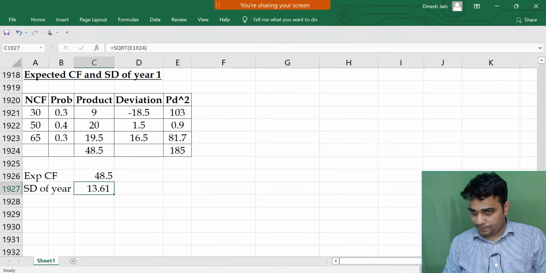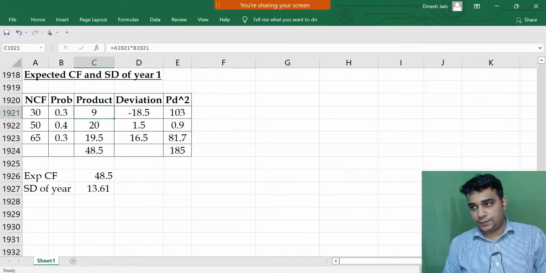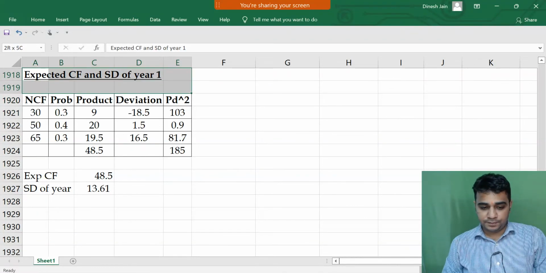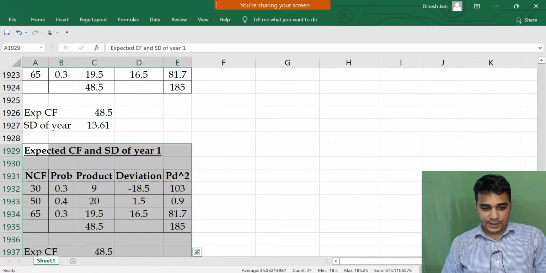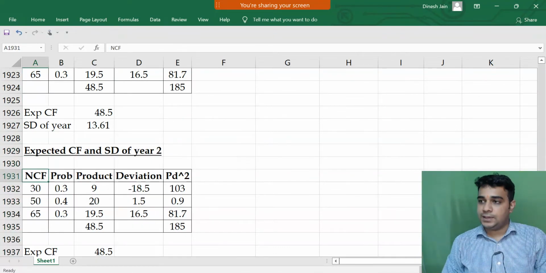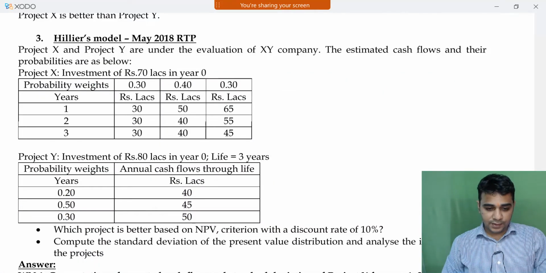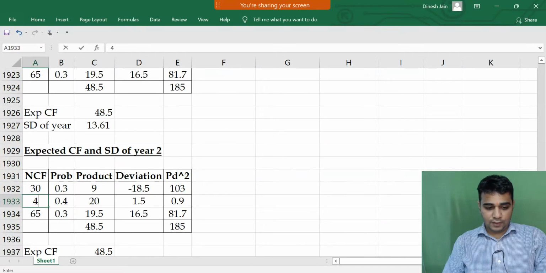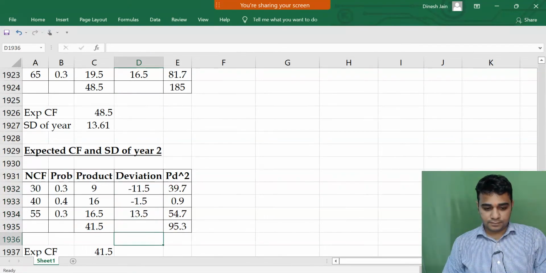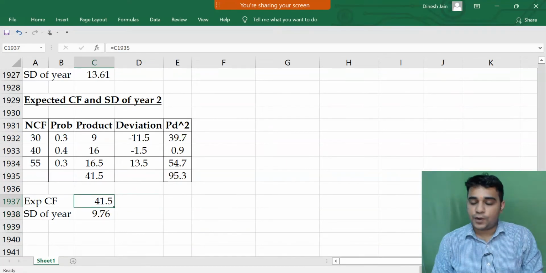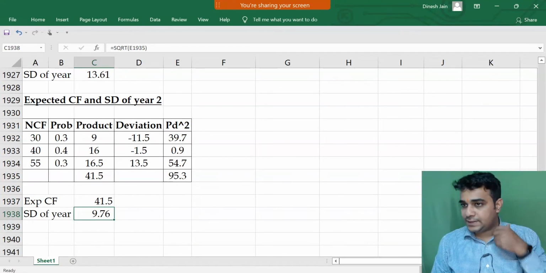This is year 1. You will have to repeat this for year 2. Expected cash flow and SD of year 2. Year 2 is 30, 40 and 55. Expected cash flow is 41.5, standard deviation is 9.76.